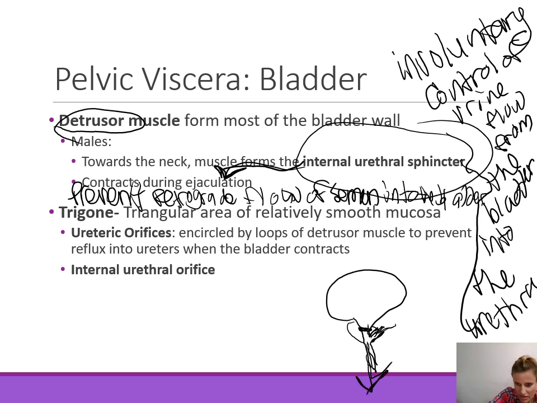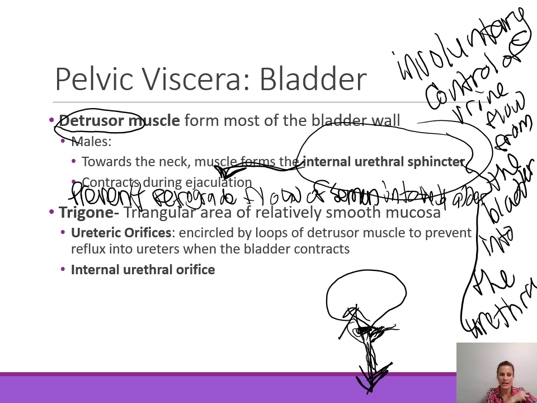Okay, we want it to go down in this direction. We do not want it to go up into the bladder. So the contraction of the internal urethral sphincter stops that so that the semen just exits. It doesn't go retrograde up into the bladder. Obviously, this function is not present in females because females only allow urine to exit through the urethra.